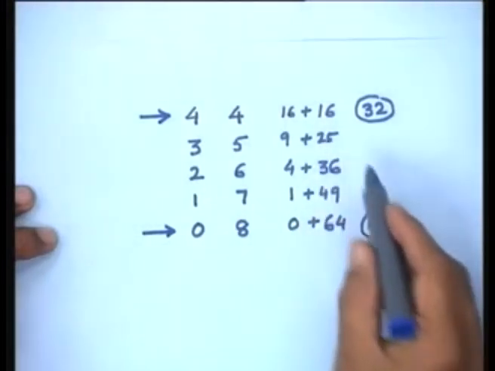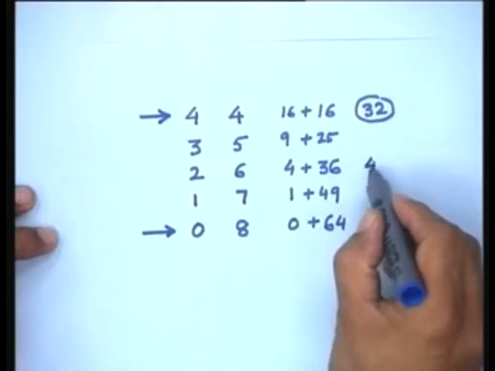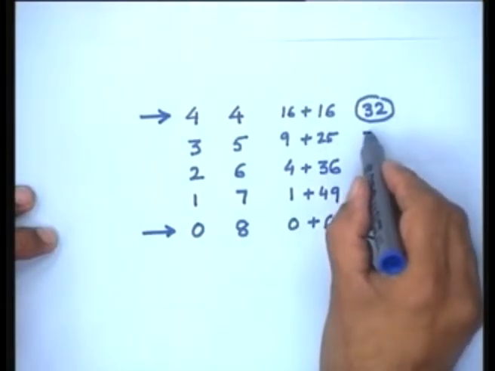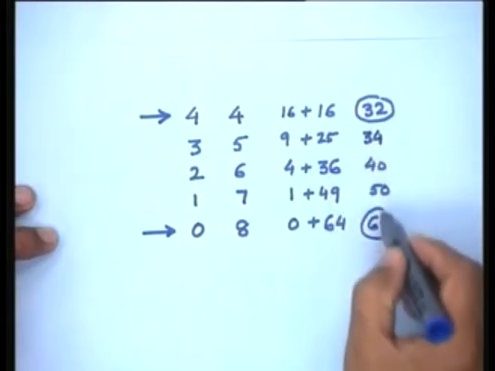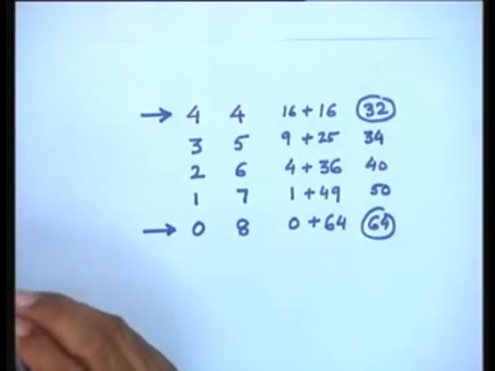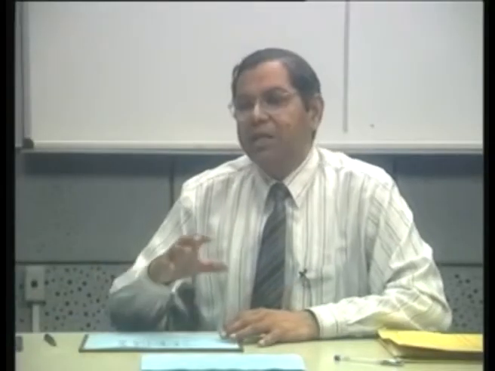And in between you find that from 64 to 50 to 40, 40 here, 50 here, 34 here. So there is a progressive decrease. So this is the intuitive concept behind using the sum of the squares as a criterion to measure the effectiveness.